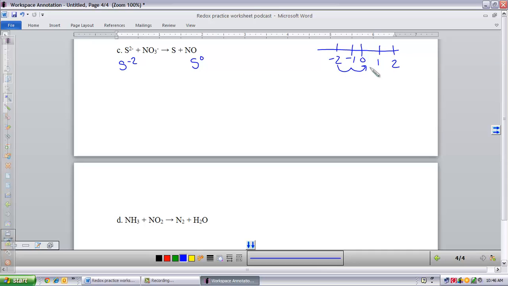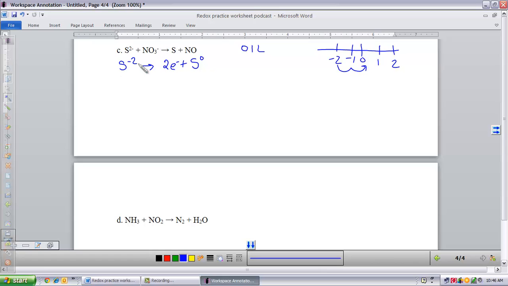If I'm going from a -2 up to 0, then I'm becoming more positive and losing electrons. If I'm losing electrons, I'm being oxidized. So oxidation is loss of electrons. So I'm going to have 2 electrons that I've lost plus sulfur.